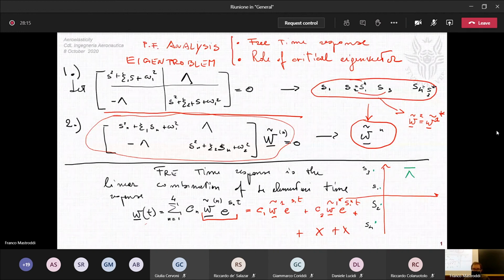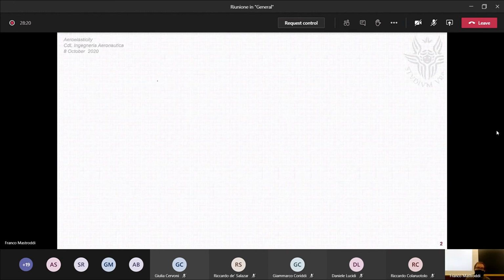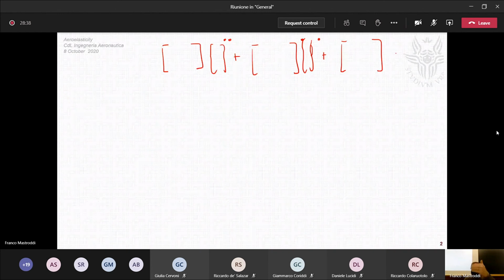So in this specific problem, we have, remember, our differential equation. I don't want to rewrite this equation. Second time derivative with the damping, time derivative plus the stiffness. This is the problem in time. So you have a mass, damping, and stiffness, and this stiffness is aerodynamic and structural stiffness.